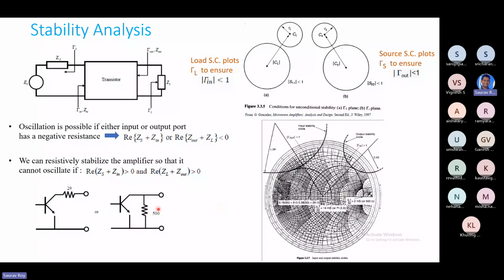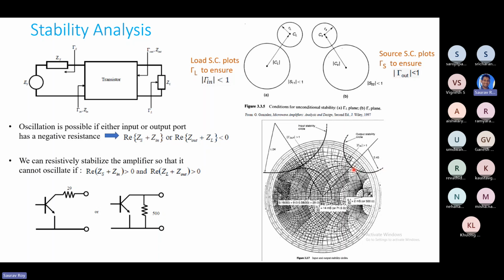You understand our thinking or intuition? Because of this 500 ohm in parallel at this point we are analyzing, that makes it less than 0. So if we add another 500 ohm, that will give you the boundary, or lead the real part of the resistance seen by the load to 0.